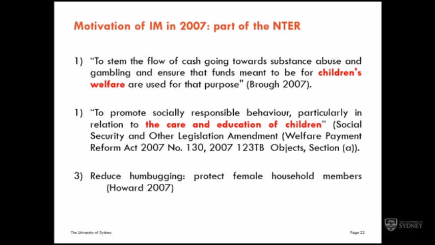So income management initially in 2007 was introduced as the federal government strategy to deal with the behavioral causes of disadvantage. That's how they framed it. So you have to ask, what's it doing for children? There was another idea of John Howard to reduce humbugging to protect the female household members. We'll talk about this more maybe in question time.